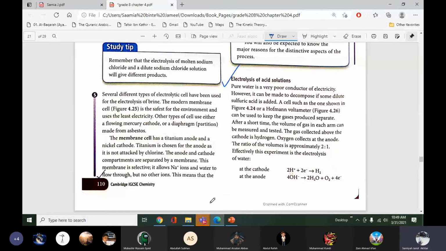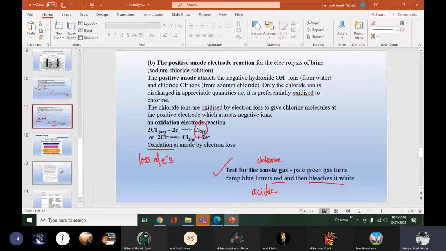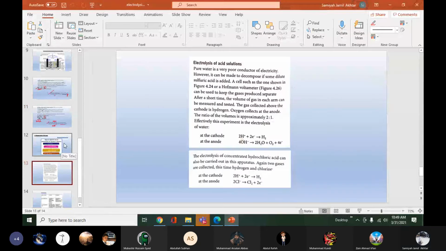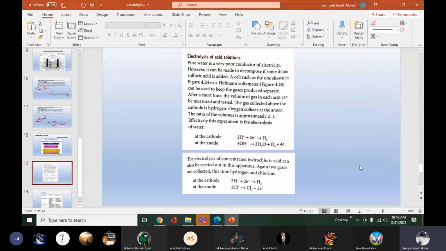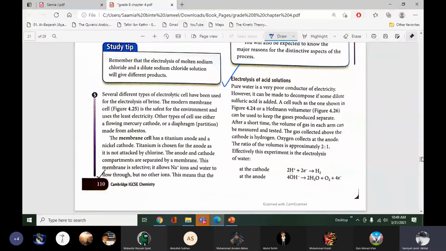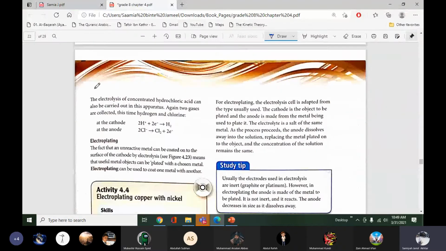This is a very small topic, and see here, electrolysis of acid solutions. This part is on one page and this is on the next page, page 110 and page 111, and the small paragraph at the start of page 111.